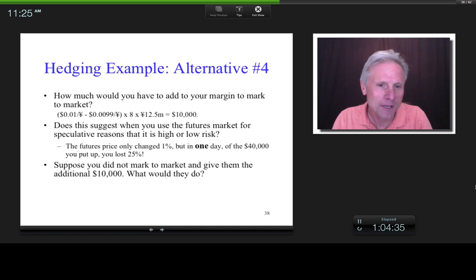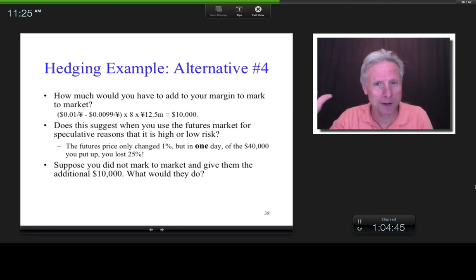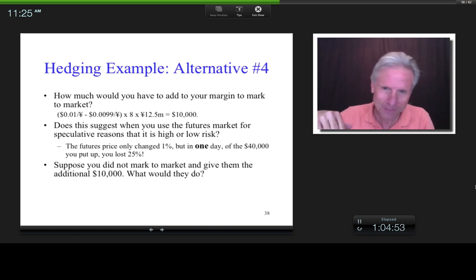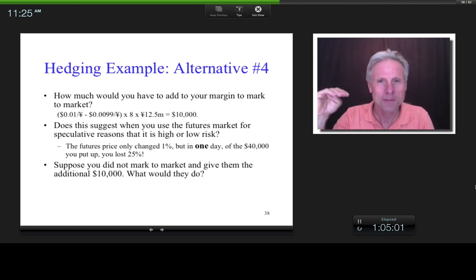Now again, as I mentioned, if we did not mark to market in this example, what would they do? They'd say, all right, you originally gave us 40,000, that was your margin. In one day, you lost 25% or 10,000, so now that's down to 30,000. If you're not going to bring it back up to 40, remember, I'm assuming, which is not true, but just for simplicity, that the initial margin and the maintenance margin are the same.